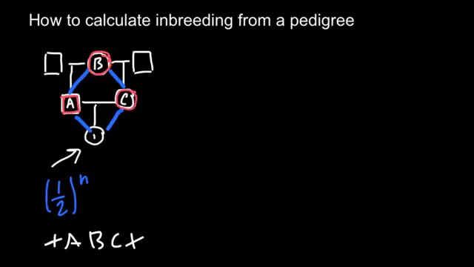Now according to our formula we just have to use numbers, and this is going to be 1/2 raised to 3, and the answer would be 1/8. So the inbreeding of I would be 1/8.